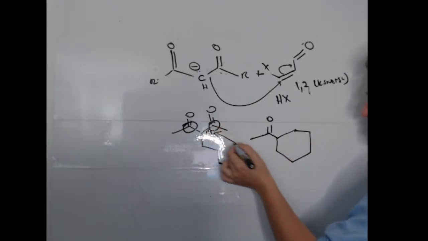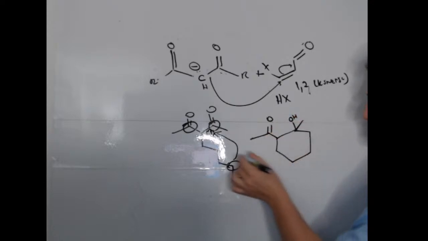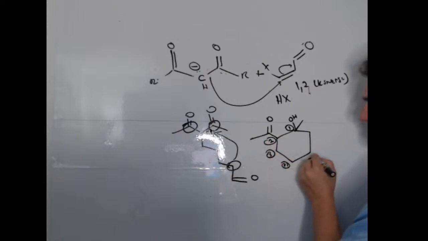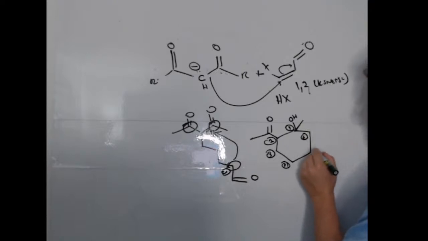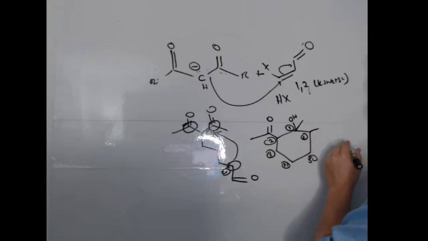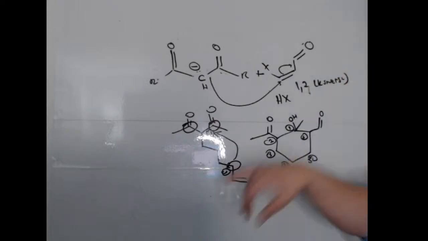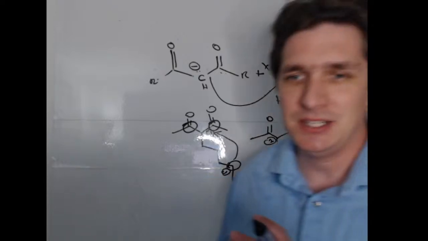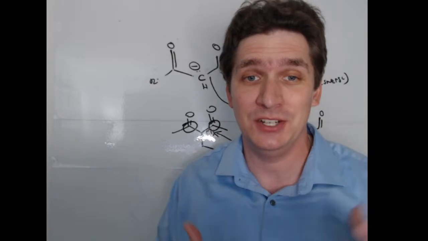So that's carbon 1. 1, 2, 3, 4, 5. That's carbon 6. So by sheer merit of this being an acidic carbon and the fact that we just had these adjacent to the molecule, this can actually undergo a self aldol addition reaction.